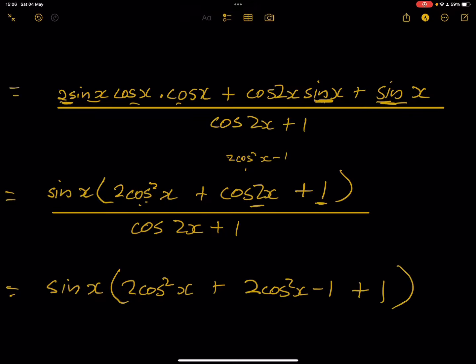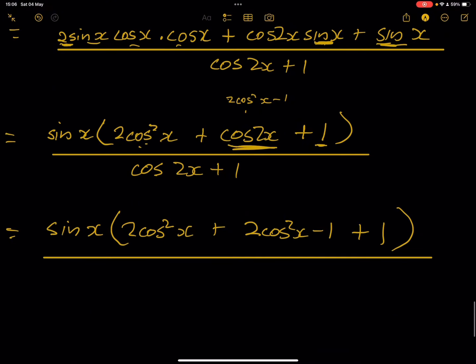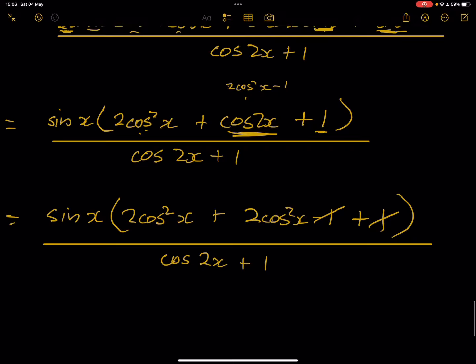This guy is that guy alone. So this is divided by, as I said, I'm not going to convert the cos 2x until I know what to do with it. Right, so I've got minus 1 and 1 cancelling out, and these two I can add together. So I've got sine of x times 4 cos squared of x.